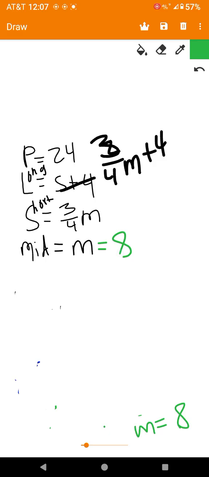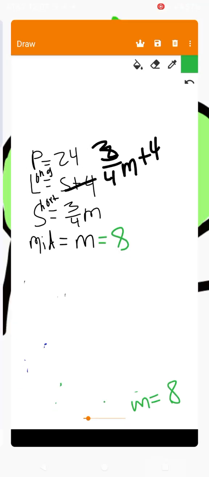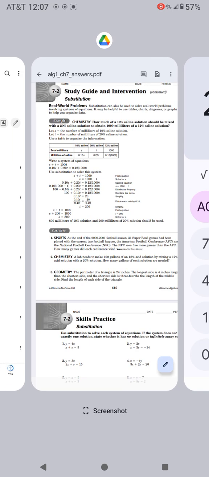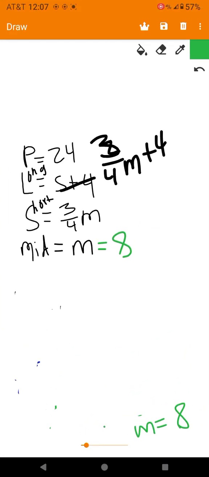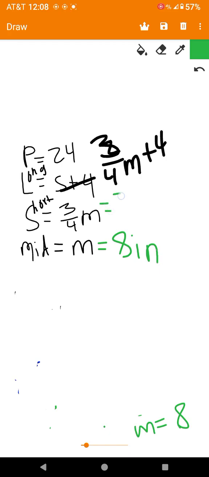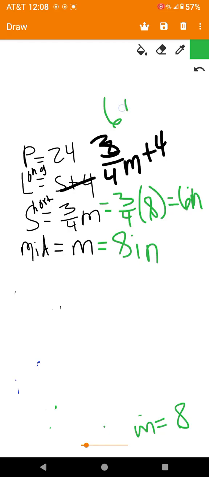So everywhere we see m, we can substitute that with 8. So that means the middle side is going to be 8 inches. Three-fourths times 8 is equal to 6.